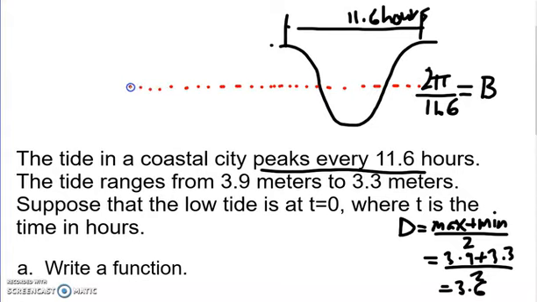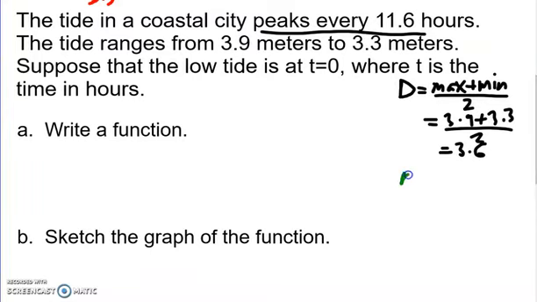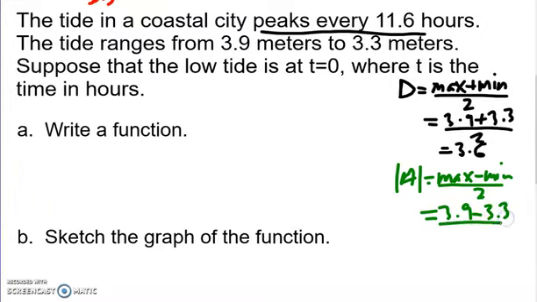So we've got a center line at 3.6, and then a high of 3.9, and then a low of 3.3. Now visually we can see our amplitude here is going to be 0.3, but let's just verify that. Amplitude is going to be max minus min divided by 2, so that is 3.9 minus 3.3 divided by 2, and that is 0.3.